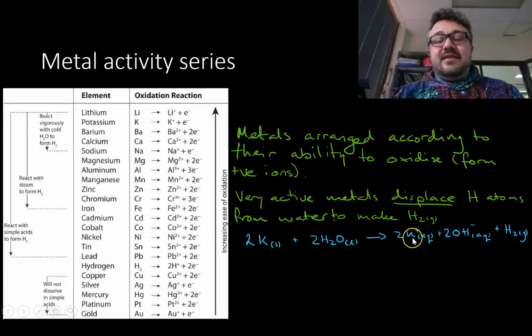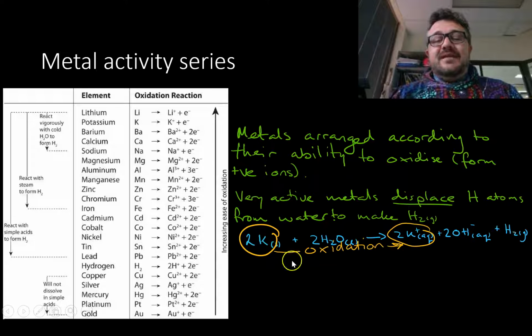We get 2 potassium ions, 2 hydroxide ions and hydrogen gas. You can see that the oxidation is occurring at the potassium, which means the hydrogen is also reduced, but the focus of this video is on the oxidation power of it.